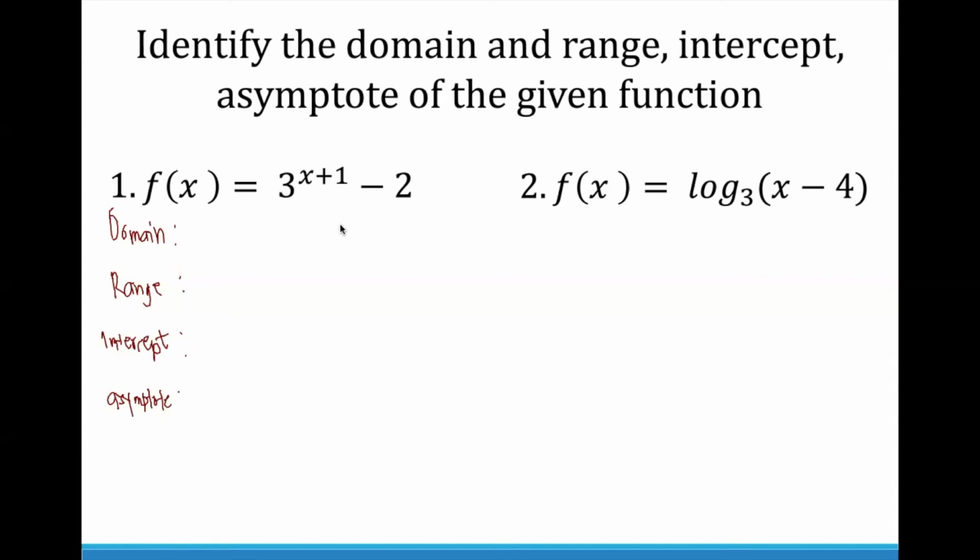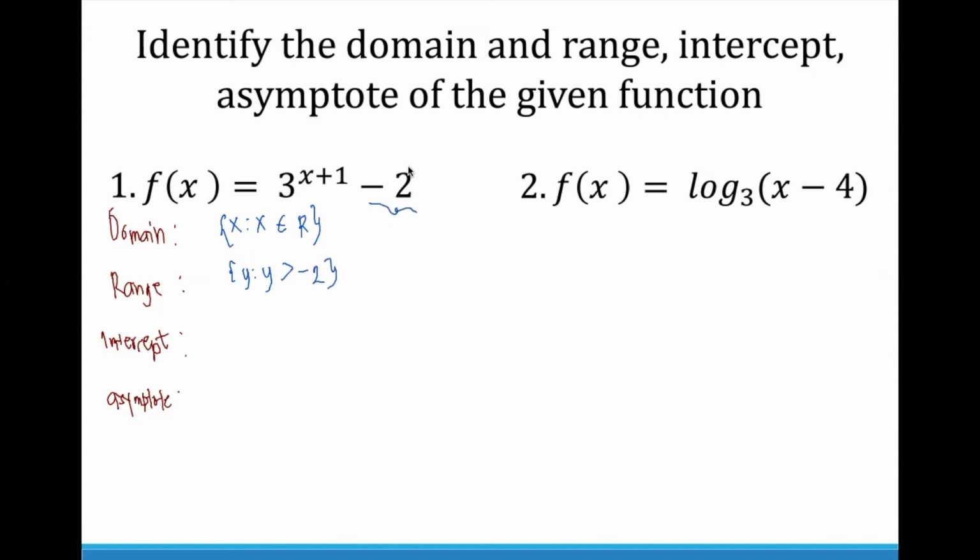What will be the domain? The domain is just x, such that x is an element of all real numbers. And the range will be y such that y is greater than negative 2.